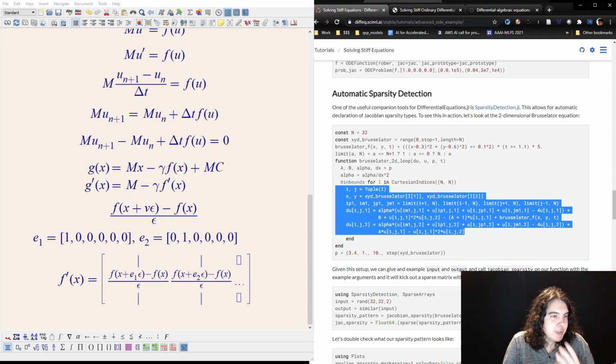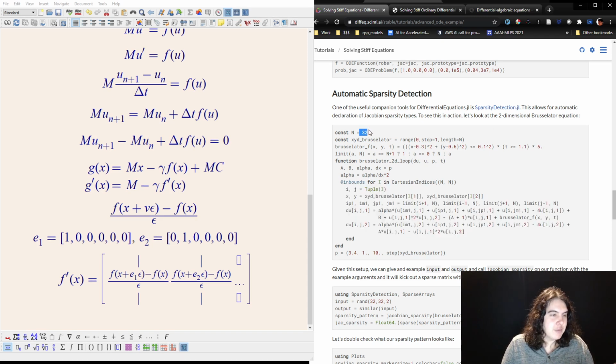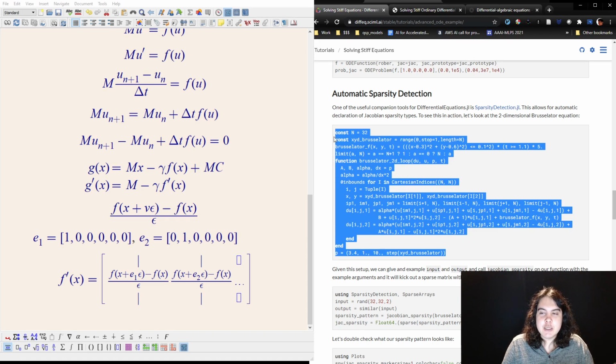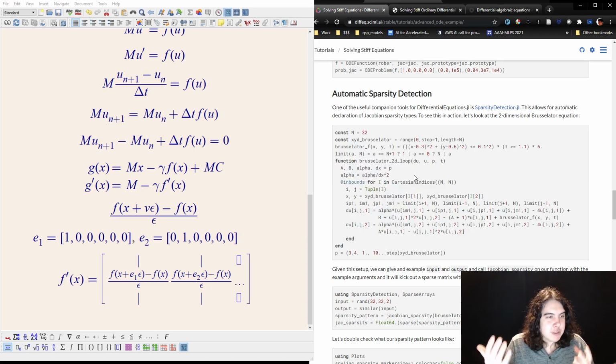So when you're writing loops to naturally build these equations, you generally only have a fixed number of things that are used, but there are n squared variables in this ODE. This is a small version for the documentation, but we're talking about like 1,000 squared, hundreds of thousands or millions of ODEs, and every single row of the Jacobian only has five non-zero terms.